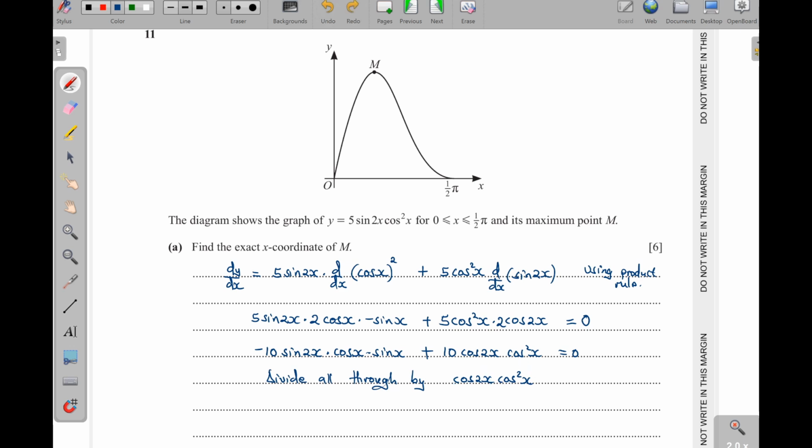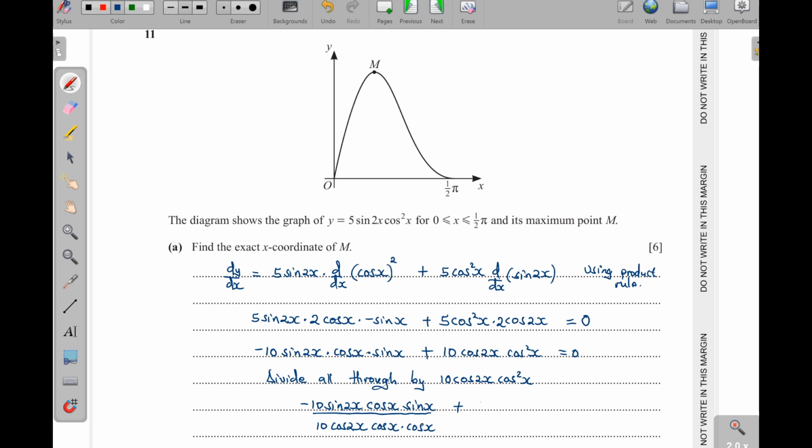But we can see that a 10 is also common. So that means here I'll have negative 10 sine 2x cos x, and because this is a sine x, we are dividing by 10 cos 2x cos x, then cos x, not so?